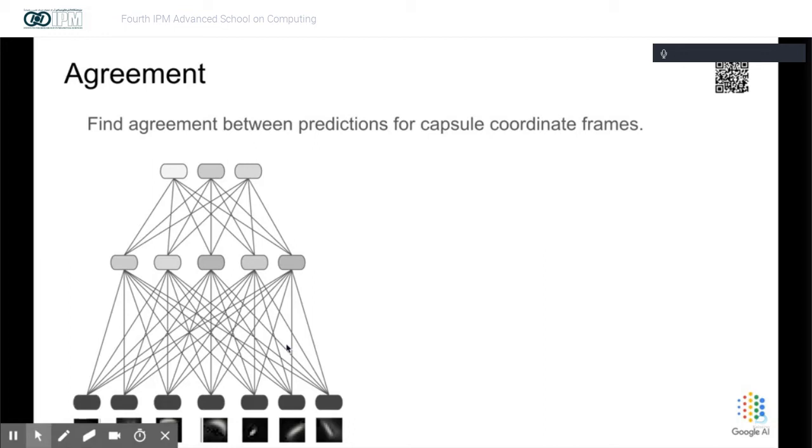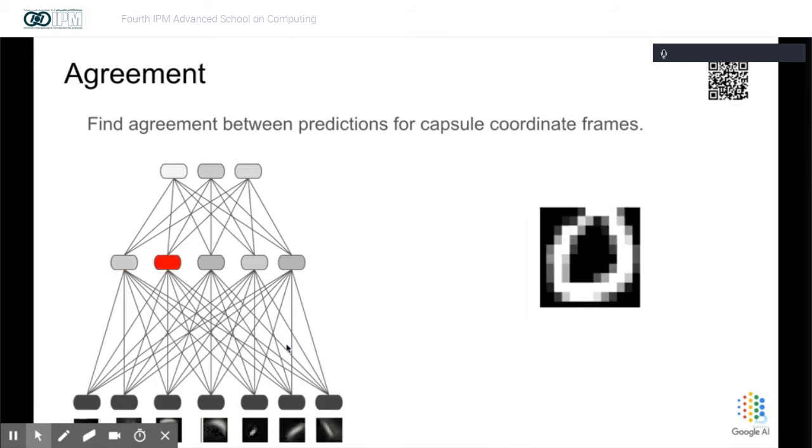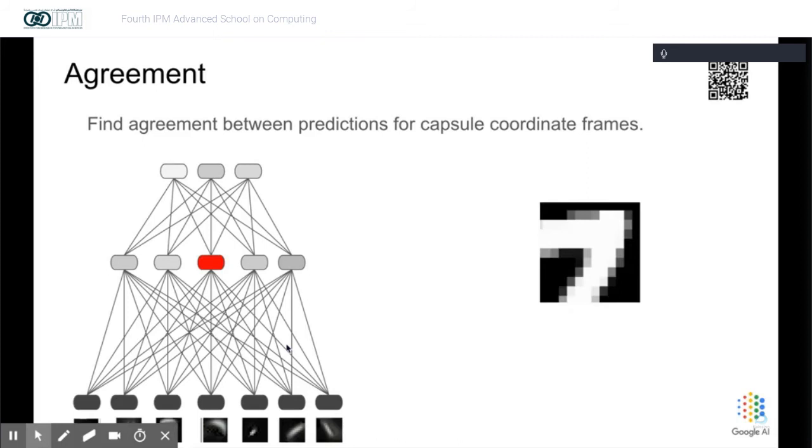First layer capsules with 7 parts are connected to the second layer capsules, consisting of 12 capsules. Second layer capsules will be responsible for detecting higher level conceptual parts, such as the image on the right, or this one, or something like that.